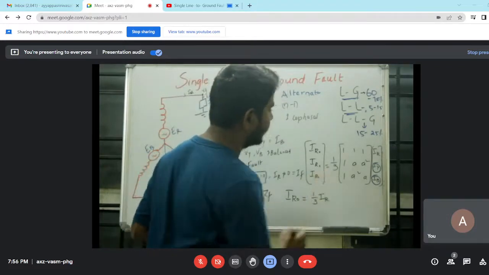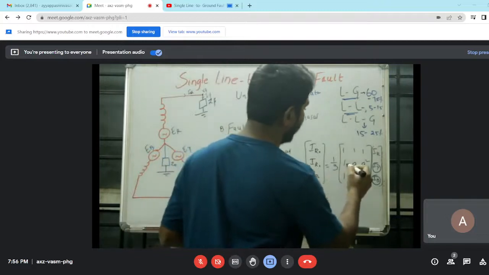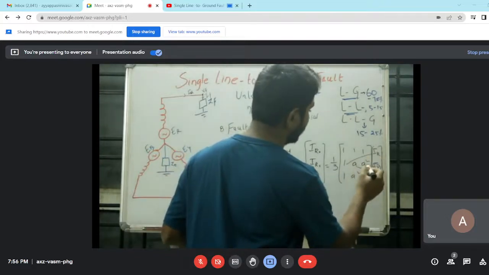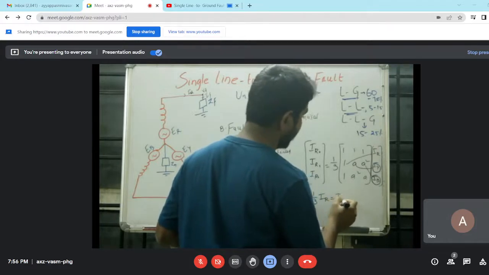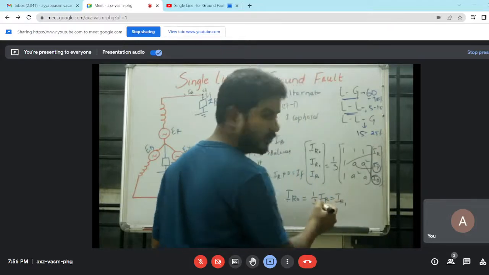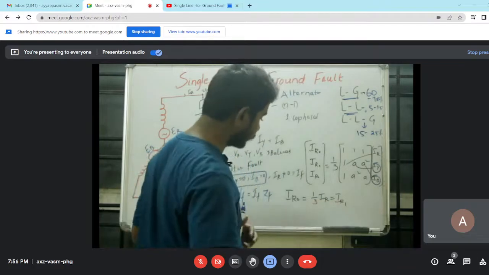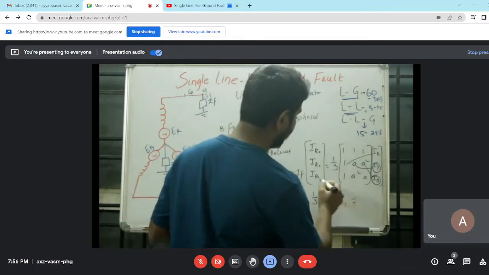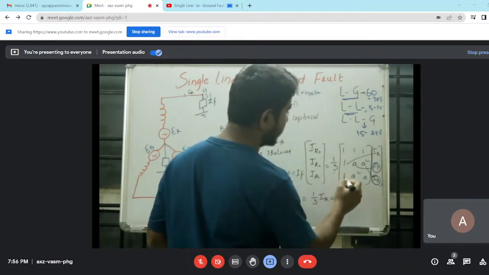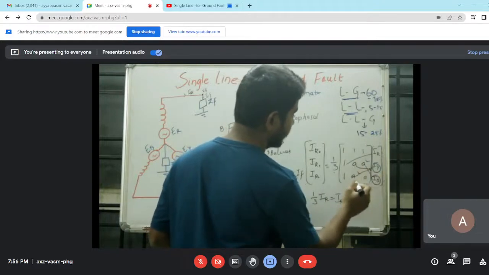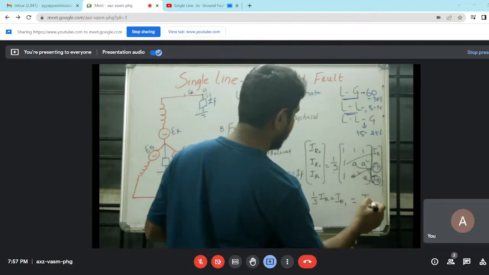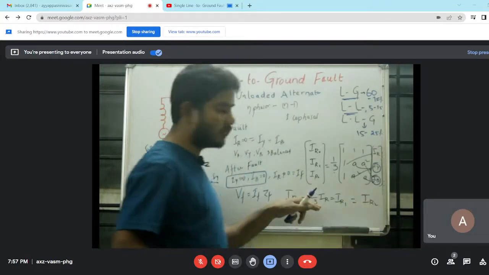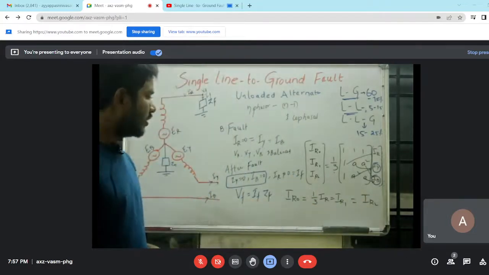Again IR1 will be equal to 1 by 3 times of 1 into IR, A into 0, A square into 0. That means IR1 will be equal to 1 by 3 IR. Similarly IR2 will be equal to 1 by 3 times of 1 into IR, A square into 0, A into 0, so IR2 is also equal to 1 by 3 times IR.